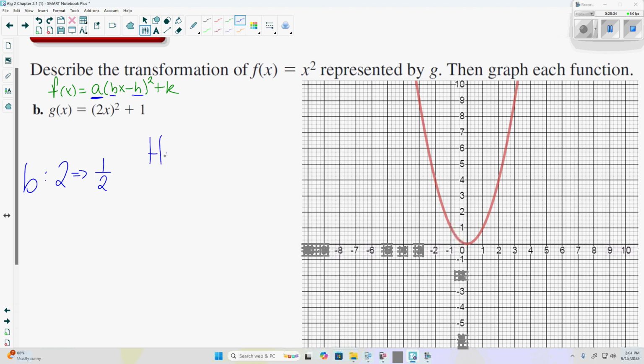So we would say that this is a horizontal shrink of 1/2. Okay. Before we finish up, is there a value in place of k? k is 1. And it would tell us we would move up 1.